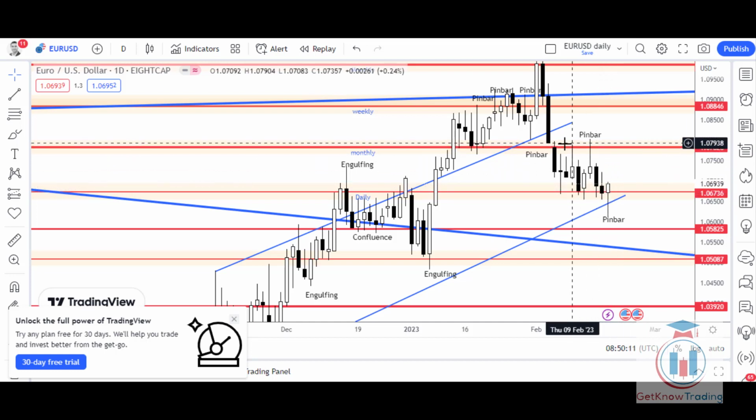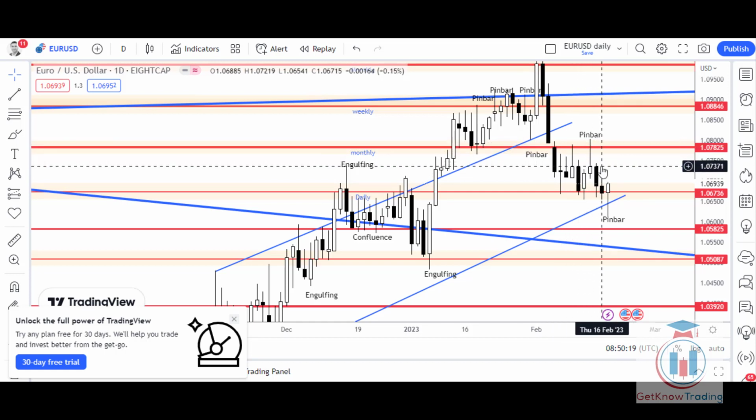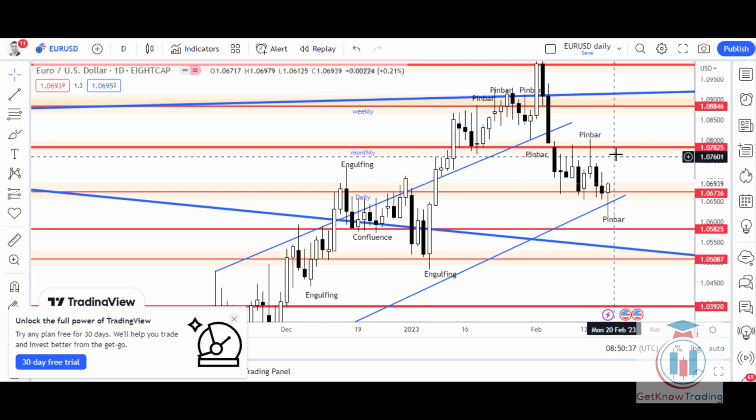But because we can see that this week and also the previous week had problems reaching higher levels because of a supply zone which is pushing the price down, and the price could not close above 1.0737 price level, this will be the first level for the price on the daily time frame to close above, to indicate that the bulls have managed to push the price higher, and there is a signal that they will be stronger than the sellers that are pushing price from this price level.